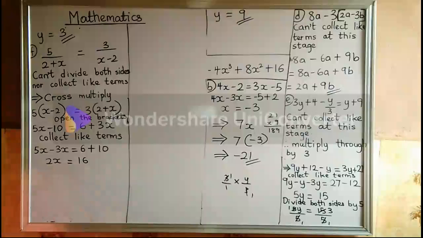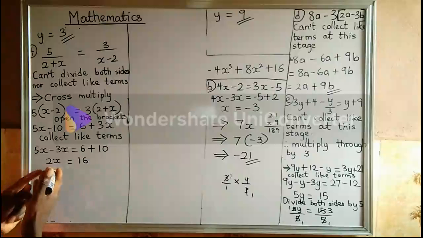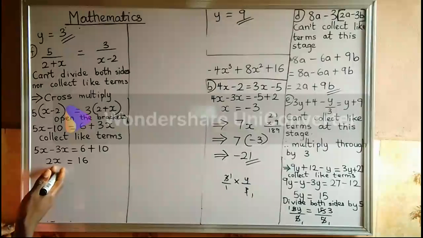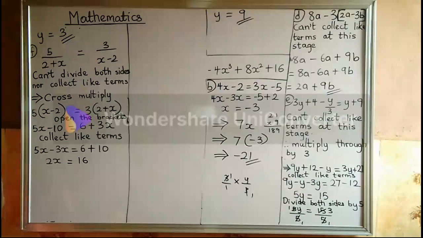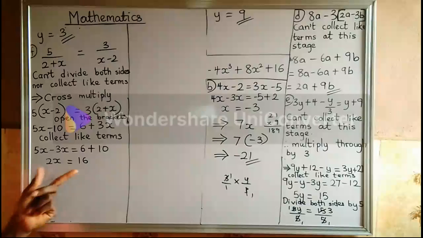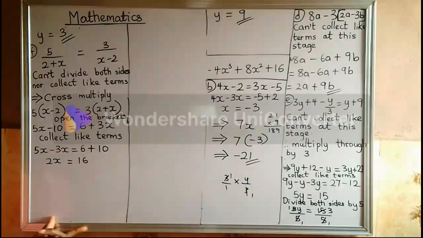So could we apply divide both sides by something here? Yes. Why? Because the term that has what we are looking for is on one side, that's 2x, and the other terms are on the other side. So we can divide both sides by something.